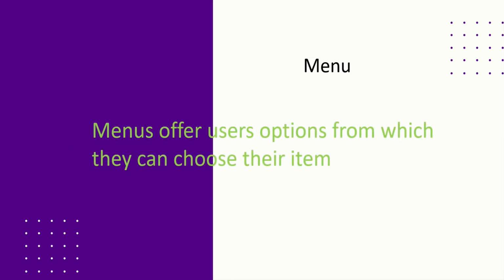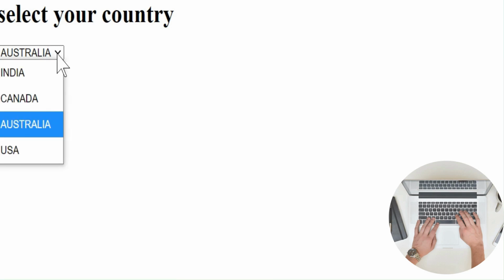Menus. Menus offer users options from which they can choose an item. It will display a list of items. From that list, the user can select any one item. Menus contain different options in the drop down box, and from the list you can select any one option.